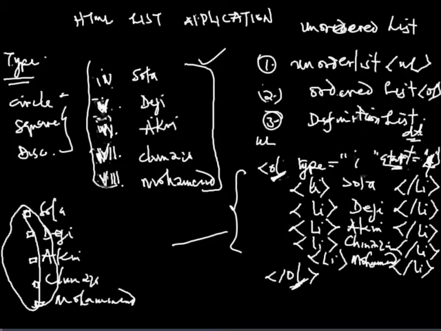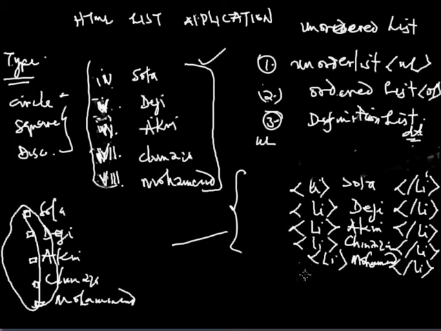Now for definition list, people hardly use definition list, because it's not really for listing things. It's just for emphasizing on your list. I'm not going to be dwelling much on that, but I'll just give you how it's written. You write it like DT.